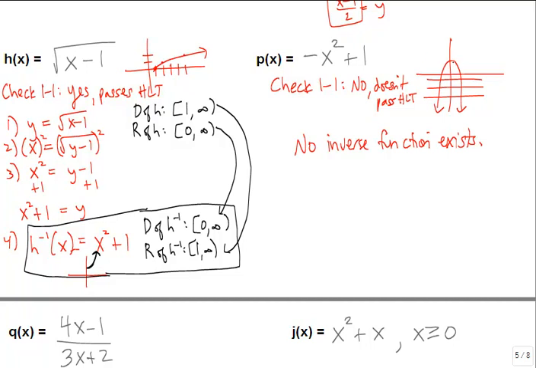I could have said that instead of using the entire parabola, let's just use half of it and let my domain be just the positives, for example. If we had restricted our domain by forcing the graph to only be half the graph so it would pass that horizontal line test, then you could create an inverse function. But since this one didn't tell us to restrict the domain, we can't do that, so no inverse function will exist.